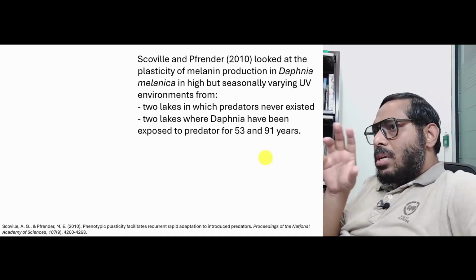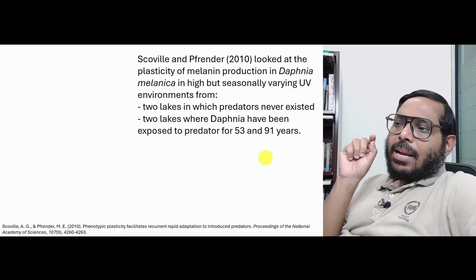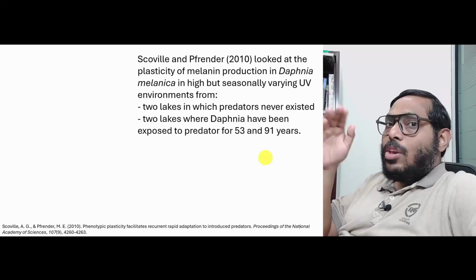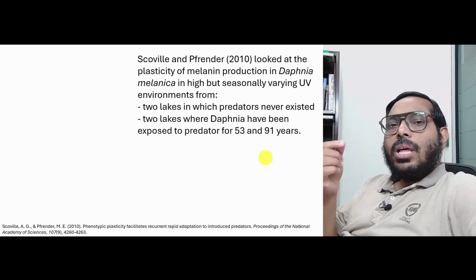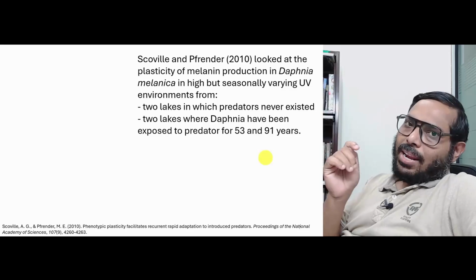Now, what is the beauty of this whole setup? The beauty of this whole setup is that all the lakes are high UV lakes, which means that in all the lakes it is better for the Daphnia to form the melanin form.